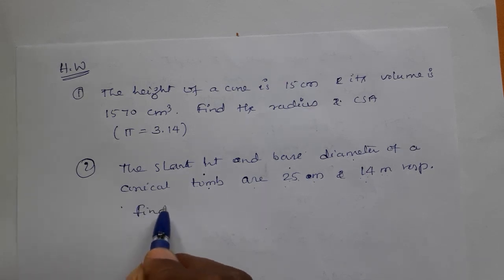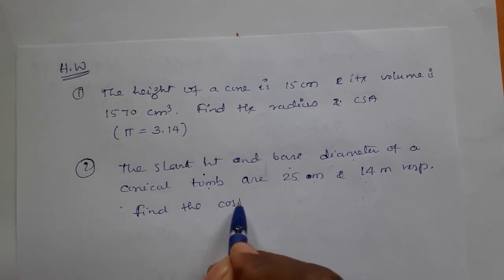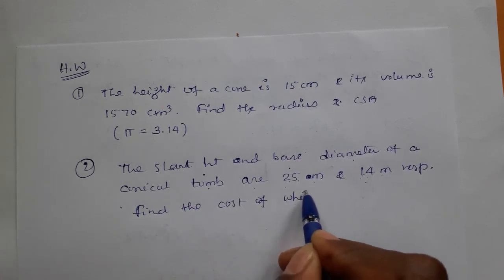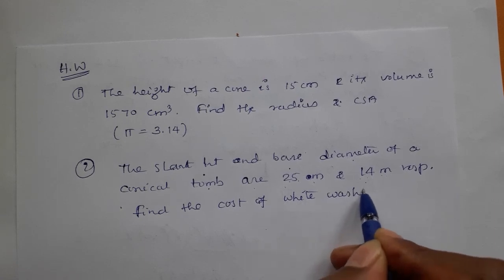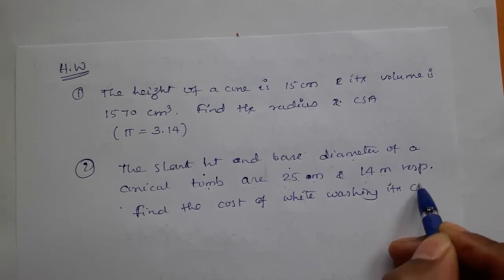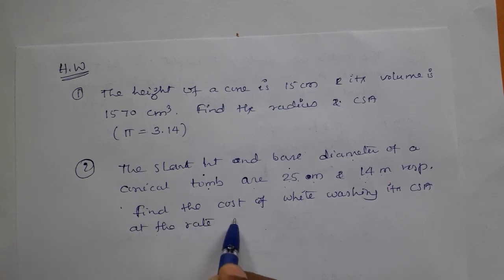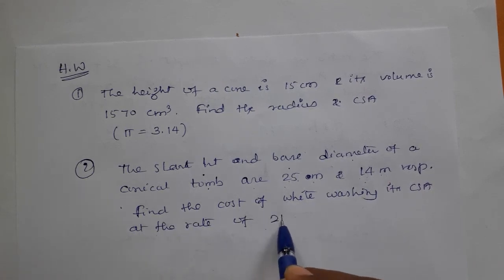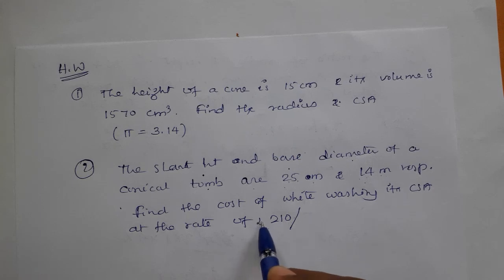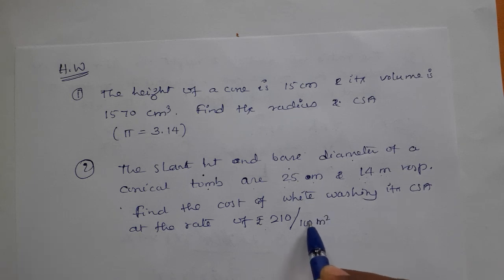Find the cost of whitewashing its curved surface area at the rate of 210 rupees per 100 meter square.